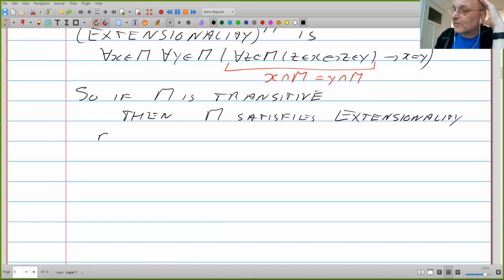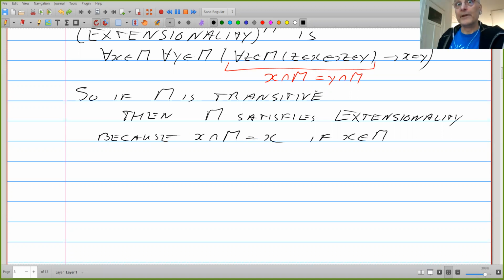And why is that? Well, because we can simply prove it in ZFC, the M version of extensionality, by noting that X is the same as the intersection of X and M by transitivity of M.